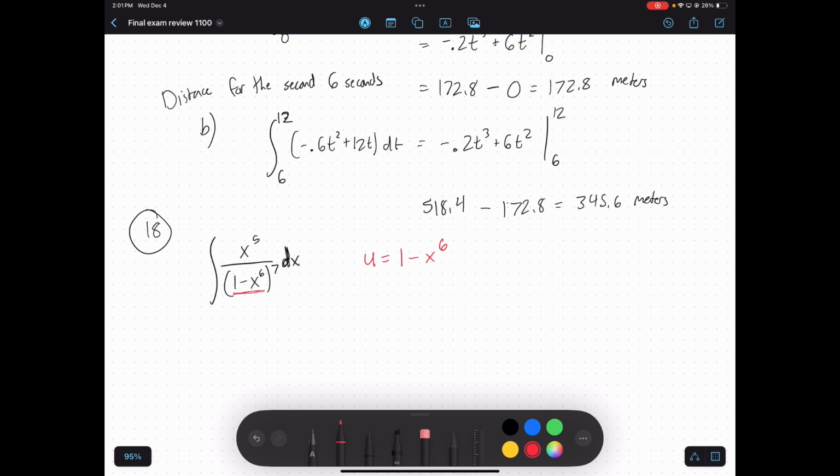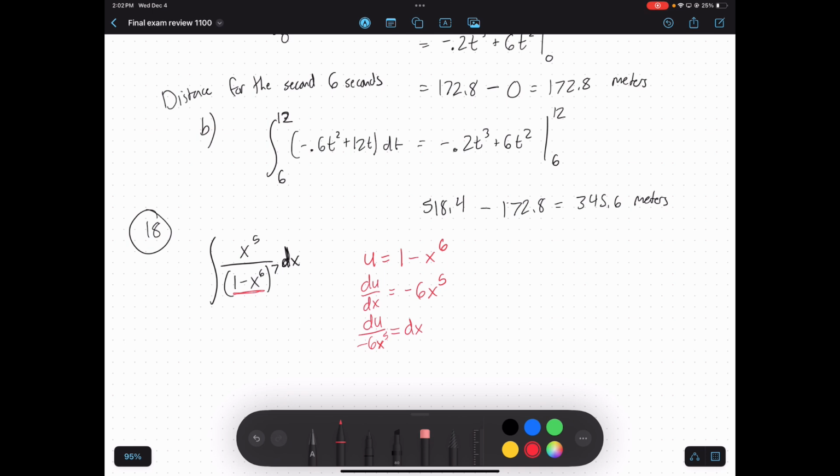Not the antiderivative, the derivative. Why? Because when I find the derivative, this is my notation for a derivative, du over dx. And by doing that, you can solve for dx. I get dx is equal to du over negative 6x to the fifth. Everybody okay with that?